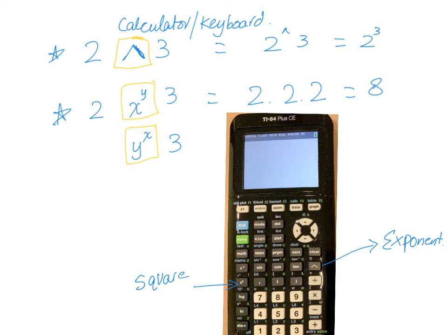So if you want values like 17 squared, you could use 17 and then press this x squared button. So you'll end up getting 289. But if you needed 2 exponent 62, I would use this symbol. Okay, so this is how you'll use the two functions.